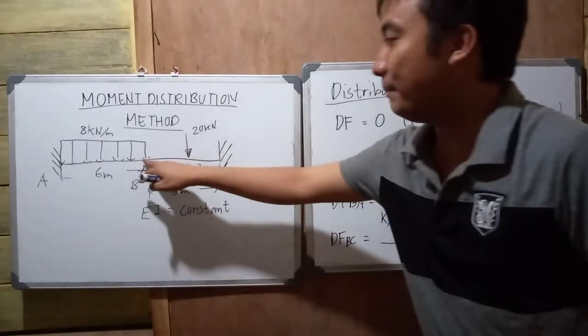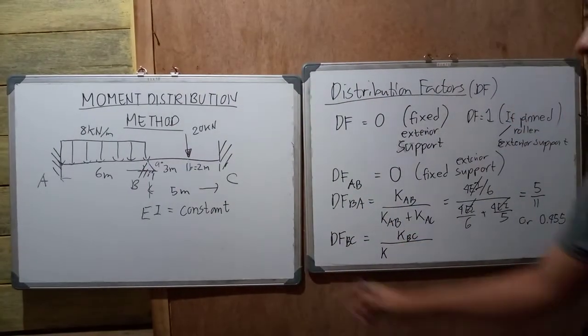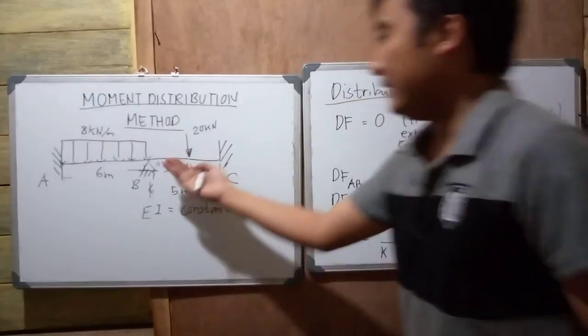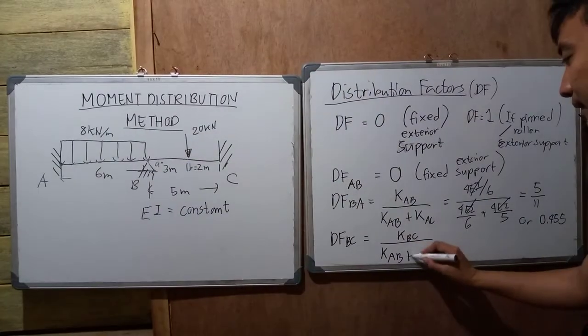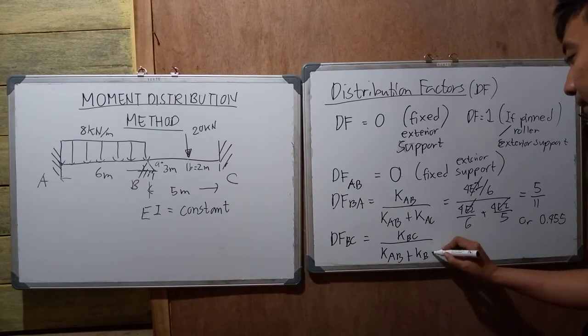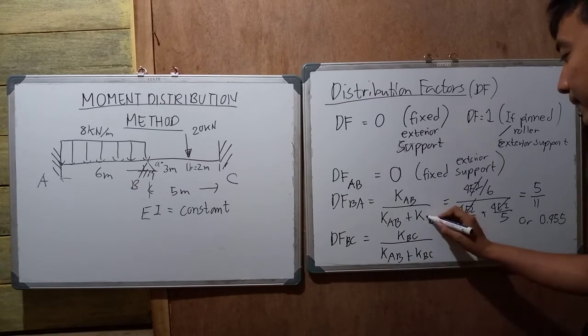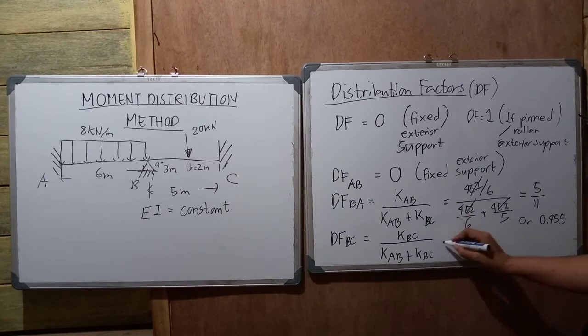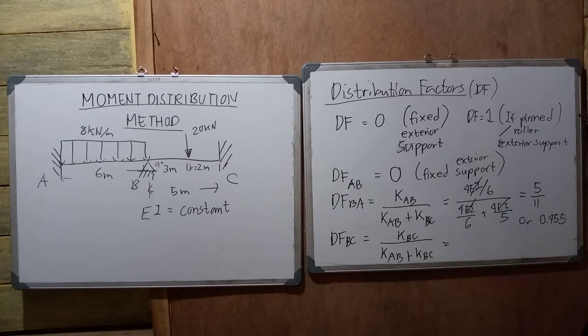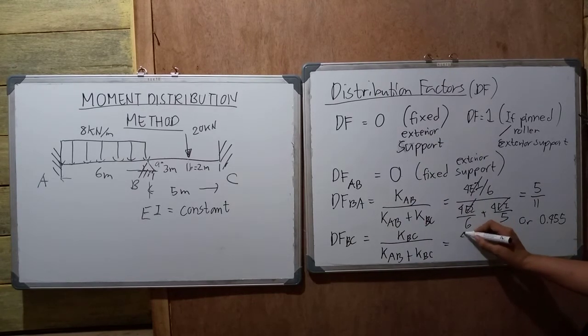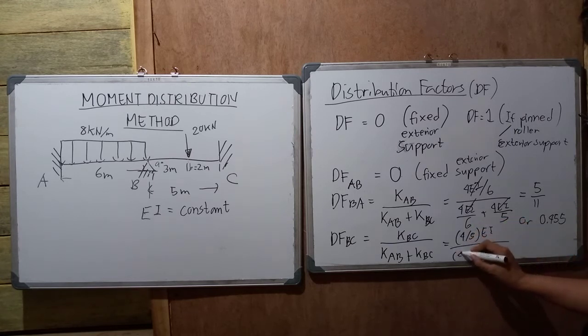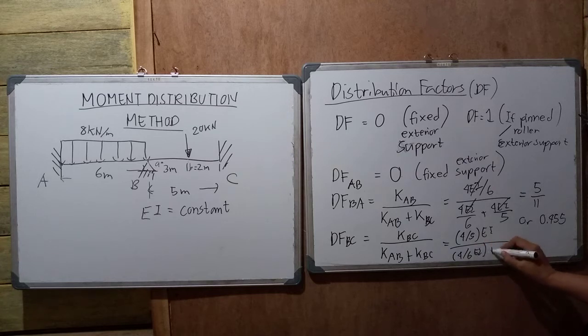Kay BC naman kasi from B to C. So, KBC over KBA, doon sa left niya, plus KBC. Okay? So, si KBC natin is 4 over 5 EI over 4 over 6 EI plus 4 over 5 EI. Okay? Compute natin.